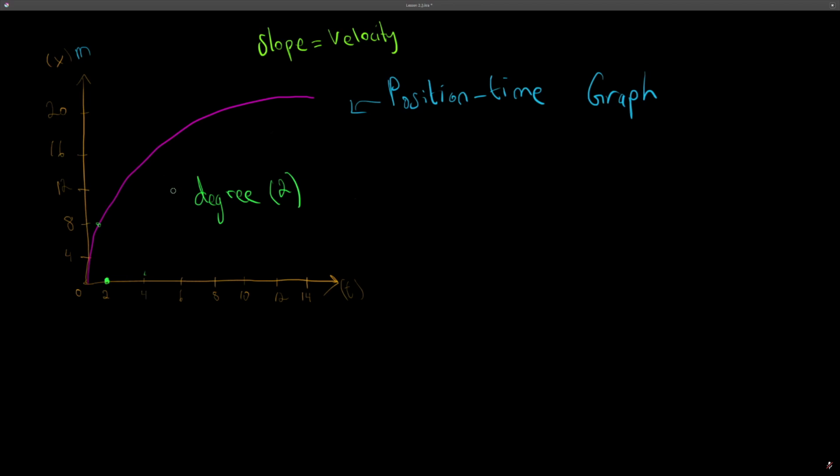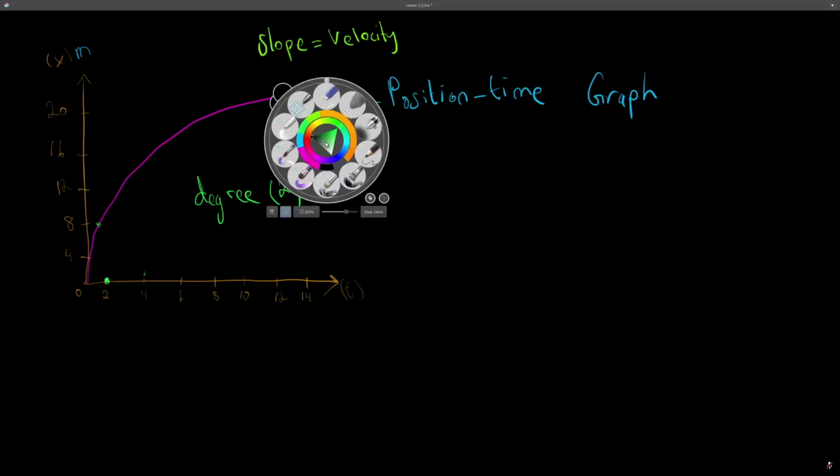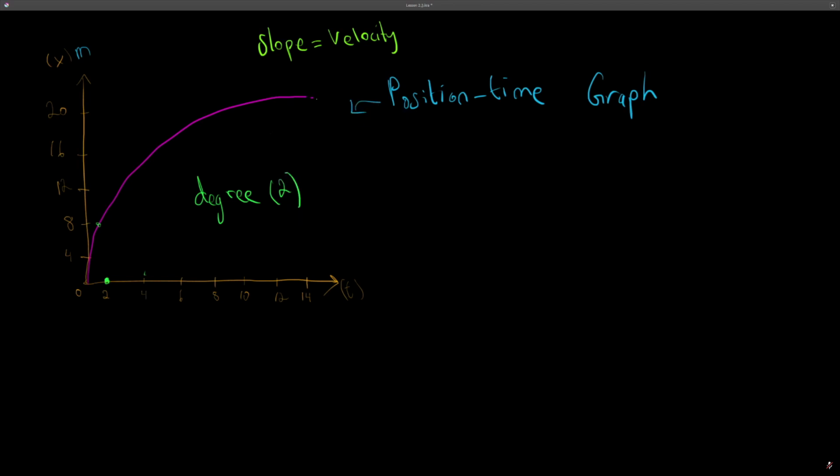In another 2 seconds, it moved around another 3 meters. So just by reading the graph, you can tell that it's slowing down, and eventually it'll reach a stop where it won't move at all.